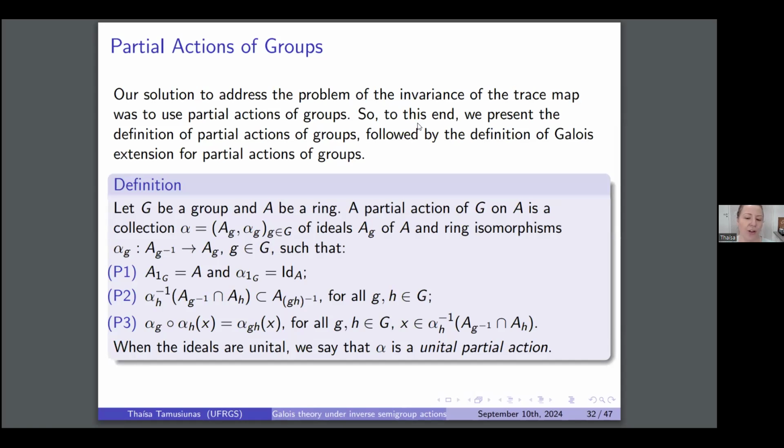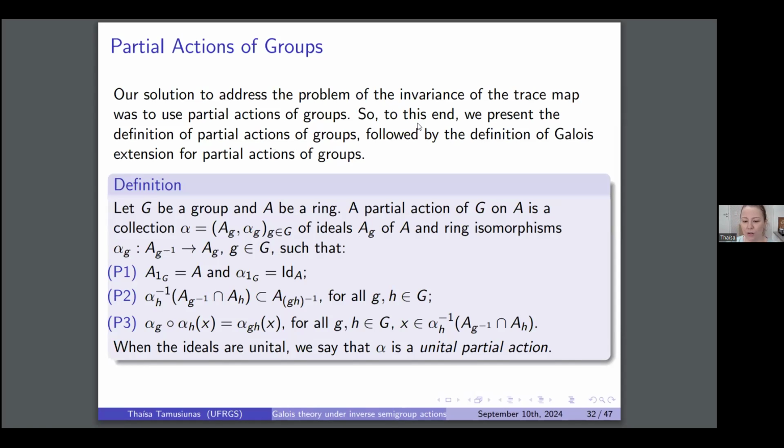Okay, it's the same definition, but here we are not assuming the orthogonality anymore, because the point of using partial actions of groups is to define another trace map. And with this other trace map, we do not ask for orthogonality. The orthogonality was used to ensure the invariance of the trace map before. Now we are going to introduce a new trace map that is invariant, and we don't need the orthogonality to show it.